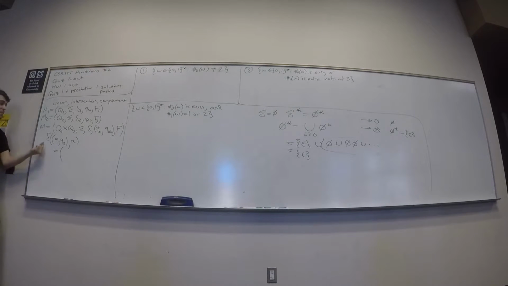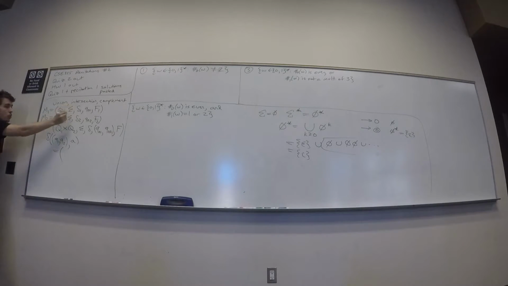Oh wait, what state am I in of the first machine currently, before I read this A? I'm in Q1 right now, right? Before I read the A, I'm in Q1. So now I have to figure out what's going to go here.